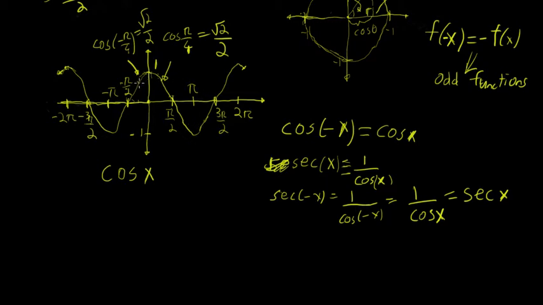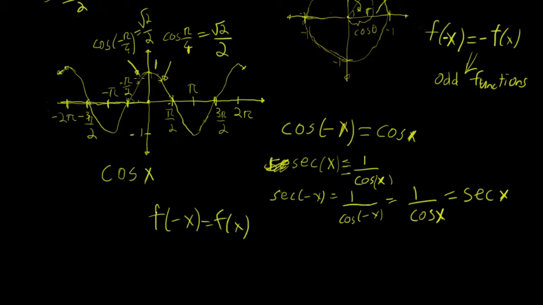Here, if you flip this over the y-axis, you'd get a point here on the graph of cosine. If you flip this over the y-axis, you get a point here. And that's the case for all functions for which f of negative x equals f of x.